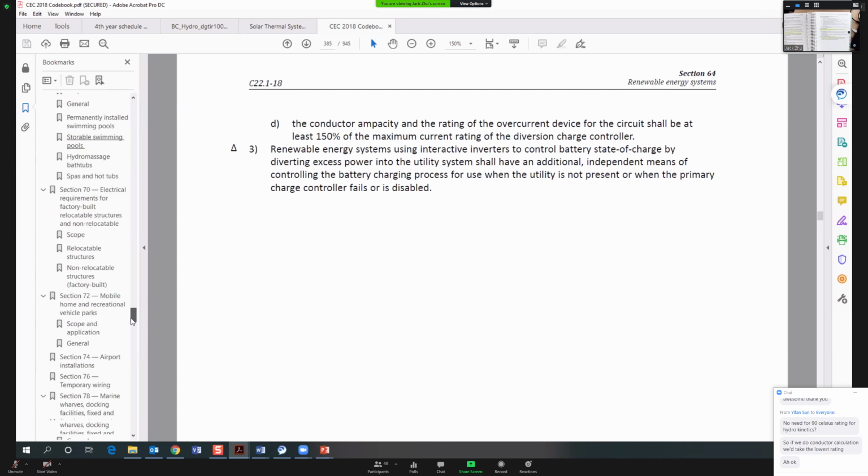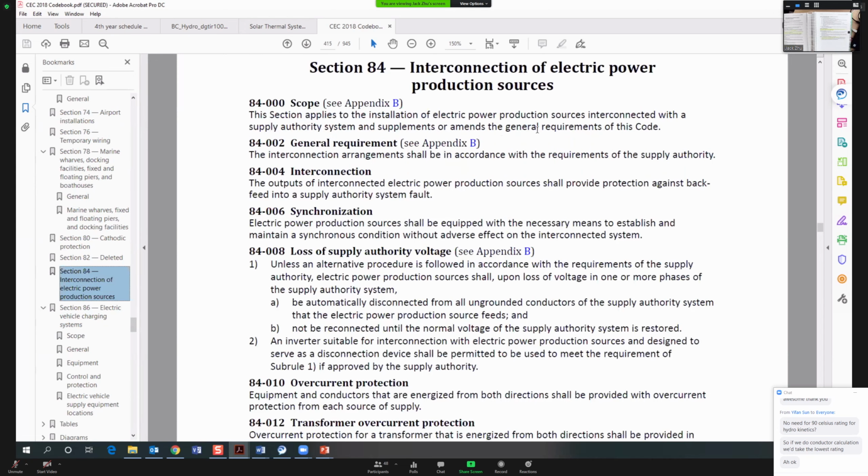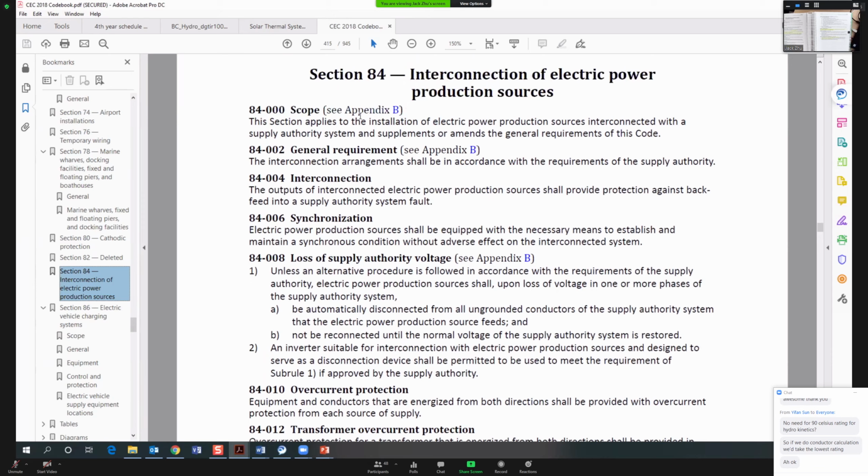So 84 is interconnection of electrical power production sources. This is where, when we talk about BC Hydro's interconnect requirements, they refer to a bunch of things from this section. This is talking about how you're going to connect your renewable energy system to the utility supply.